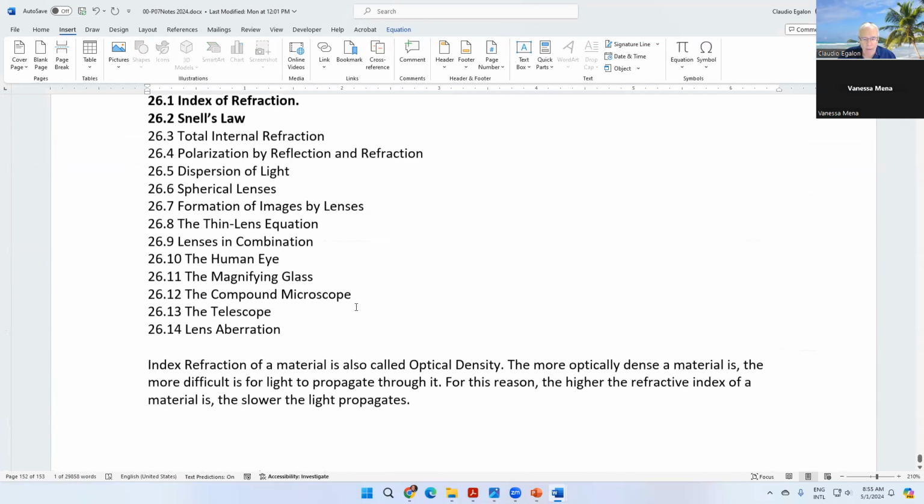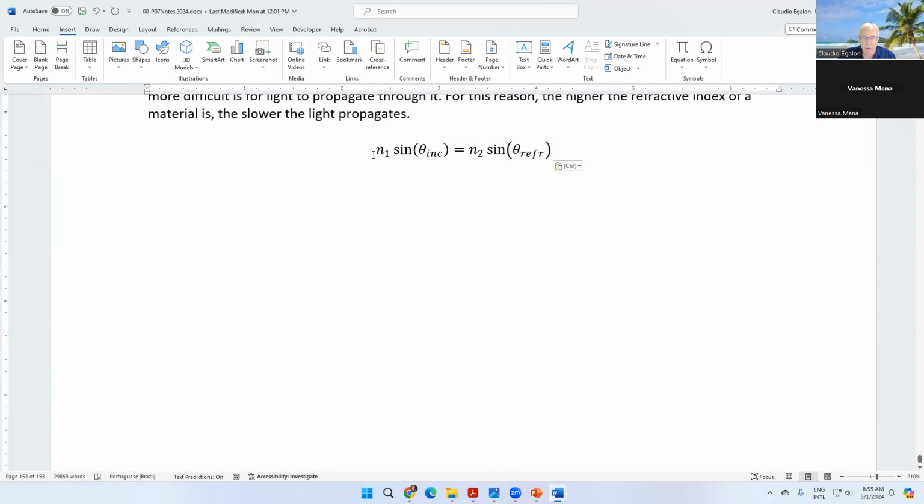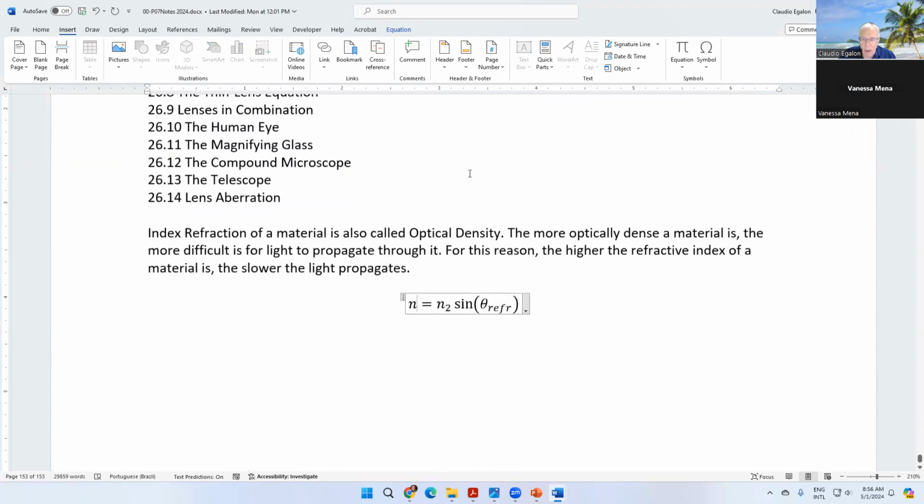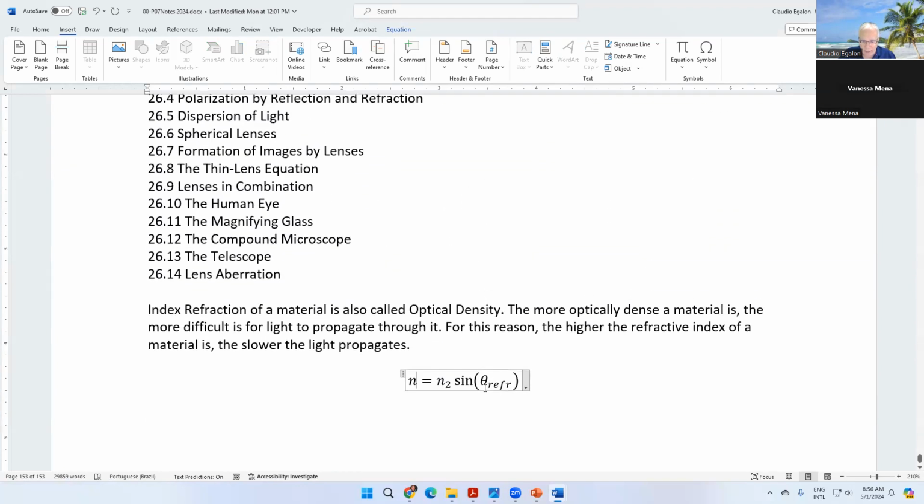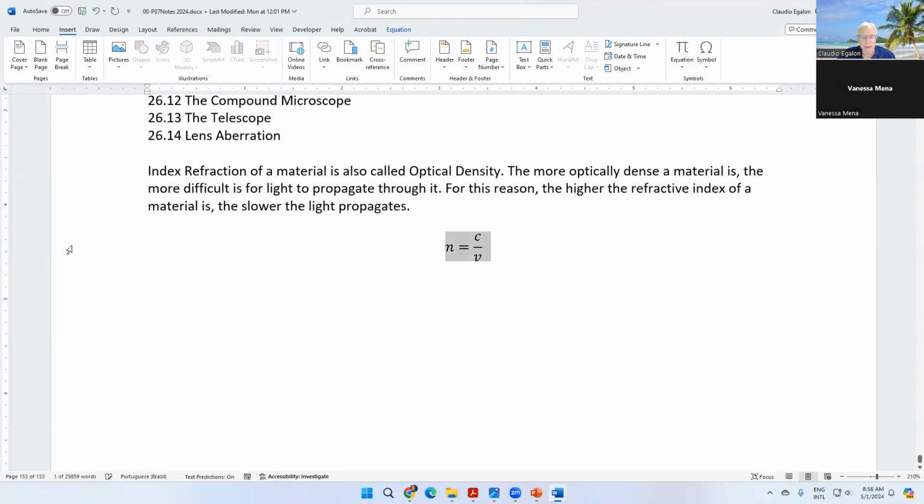The definition is n equals C divided by V, right? So here you go. We're going to write it in terms of V. V goes to the left side and n goes to the right side.